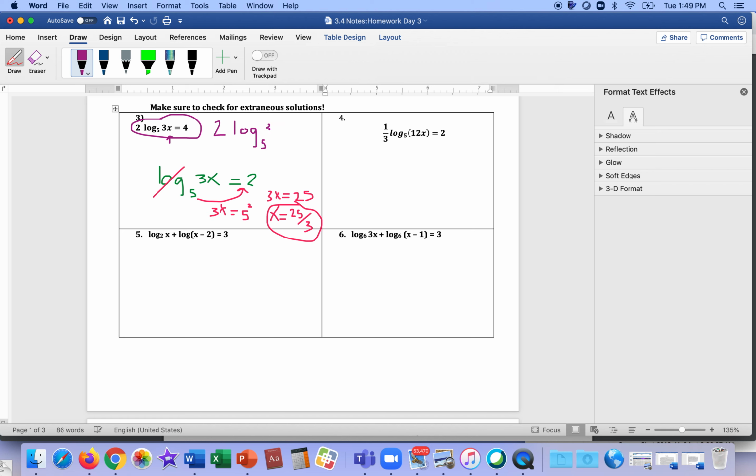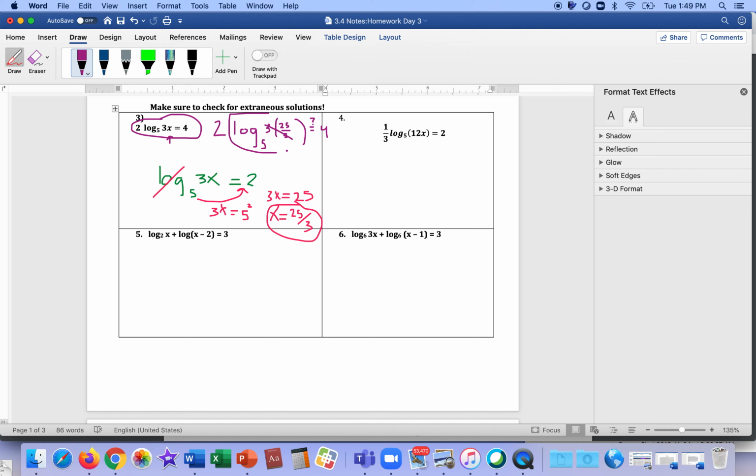And if we do 3 times 25 thirds, we ask ourselves, is this equal to 4? Let's see. We know the 3's cancel.